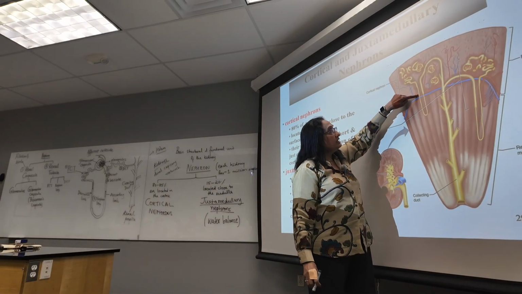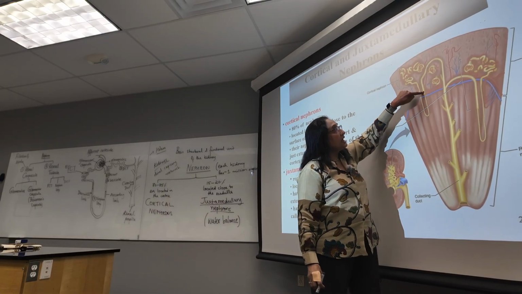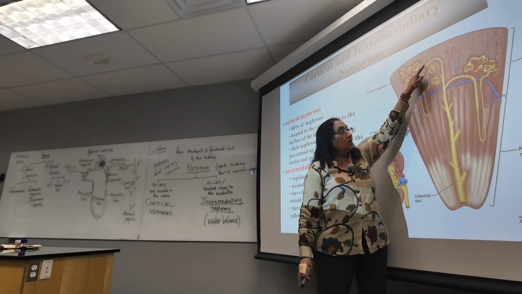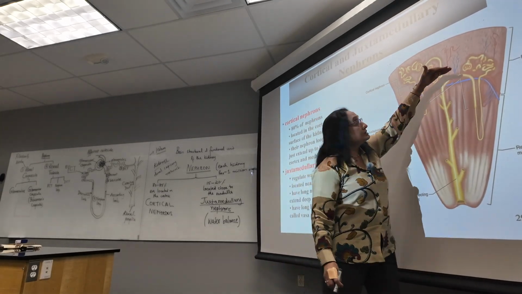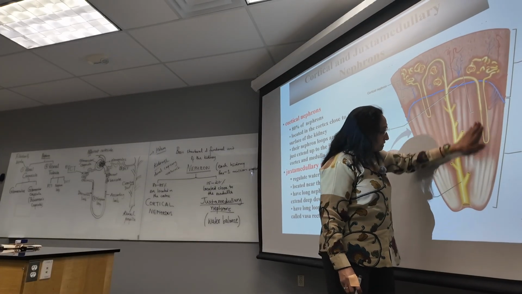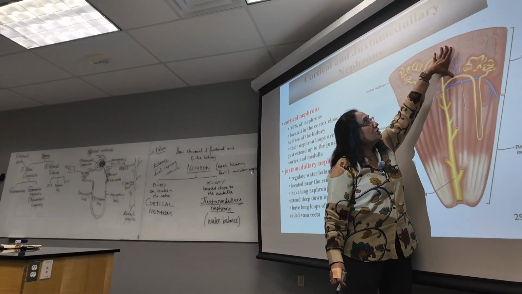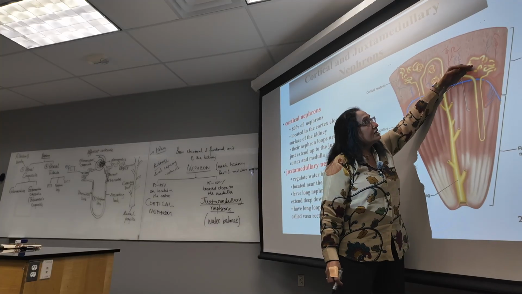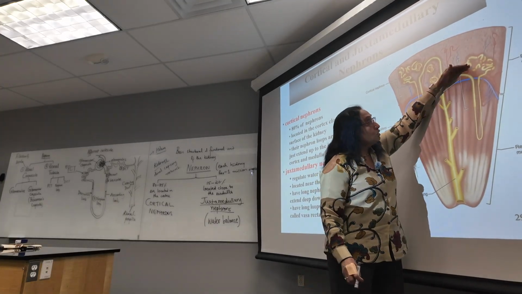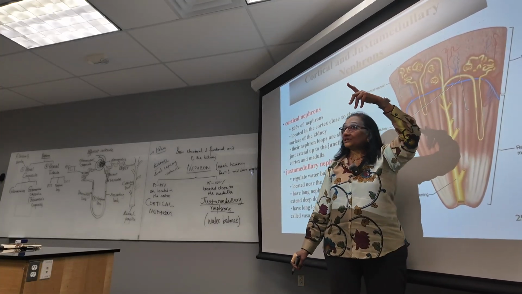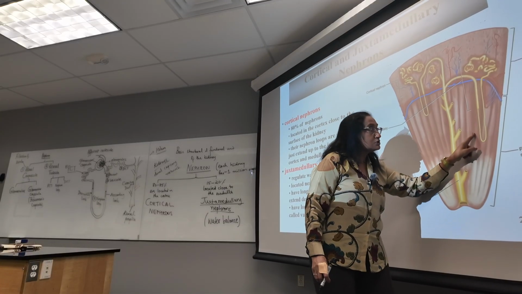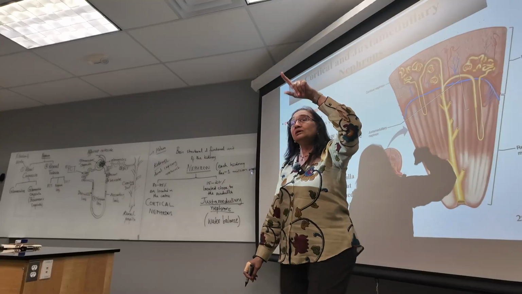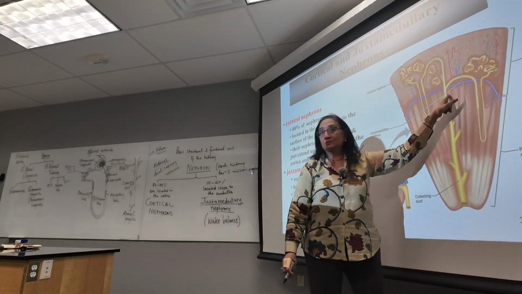So you see here, these are the cortical nephrons, the 80 to 85% which are at the top. Their loop will dip into the pyramid a little bit and then go back up. This is the juxtamedullary nephrons, whose starting point is very close to the medullary region. This is the cortex, this is the medulla. So their starting point is closer to the medulla. That's why you call it juxtamedullary. And then if you see, they have much longer loops which go all the way down into the medulla and come back up.